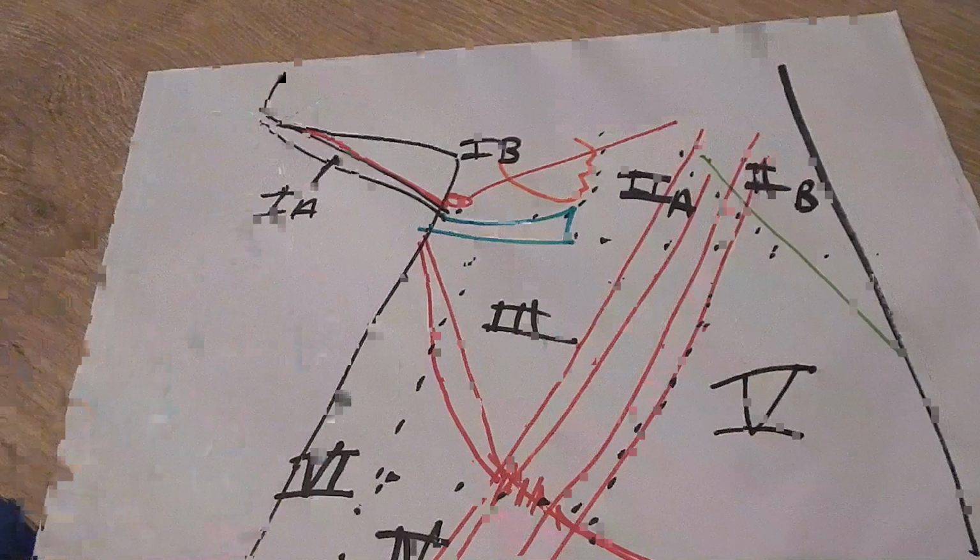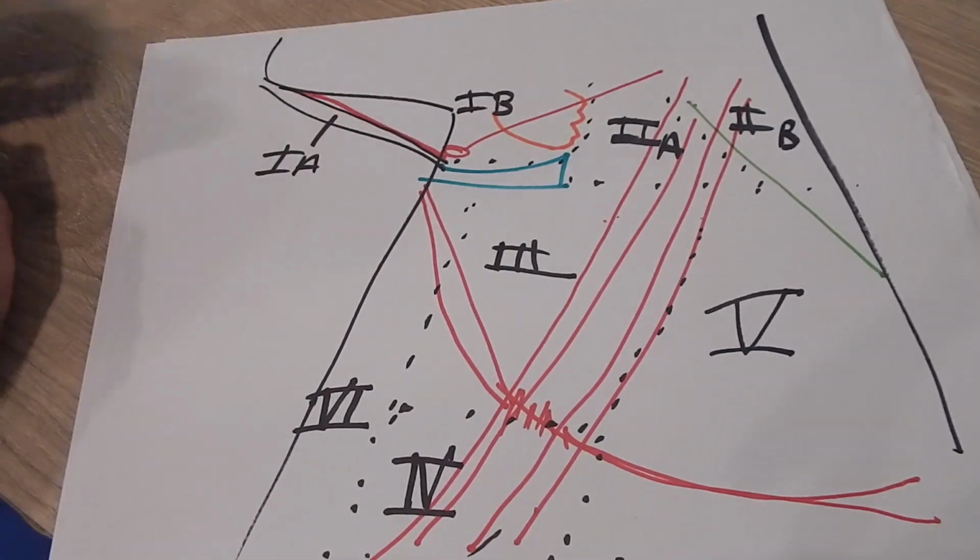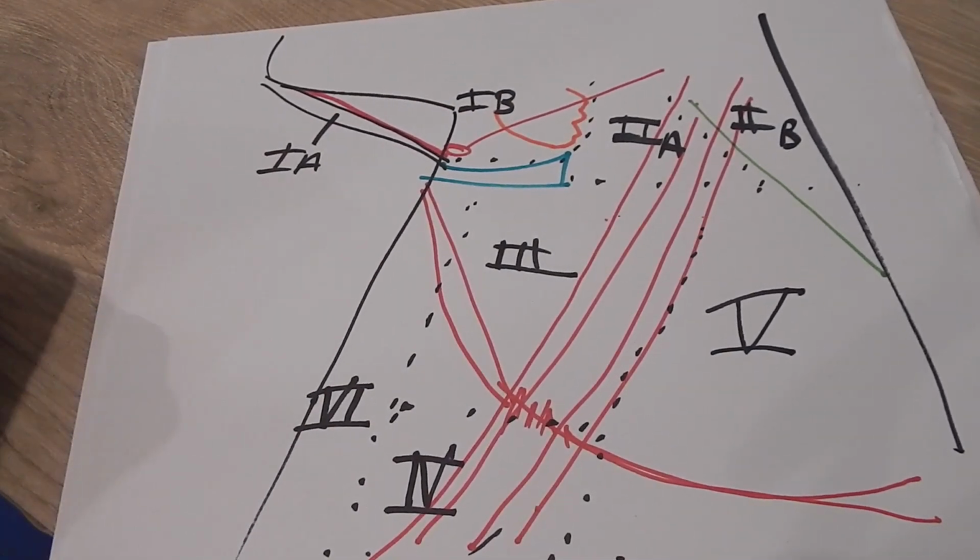Behind the submandibular gland, and above the level of the hyoid is going to be our level 2, which is going to be split into 2A and 2B by cranial nerve 11, or accessory nerve, spinal accessory nerve.